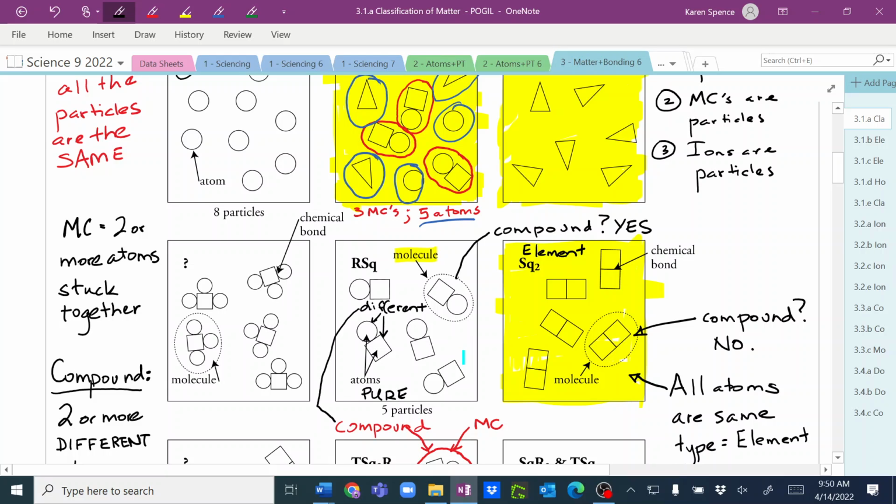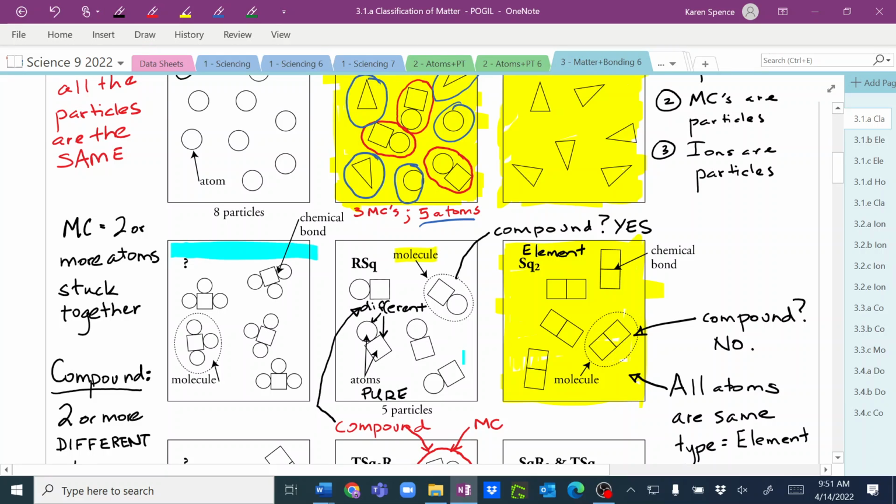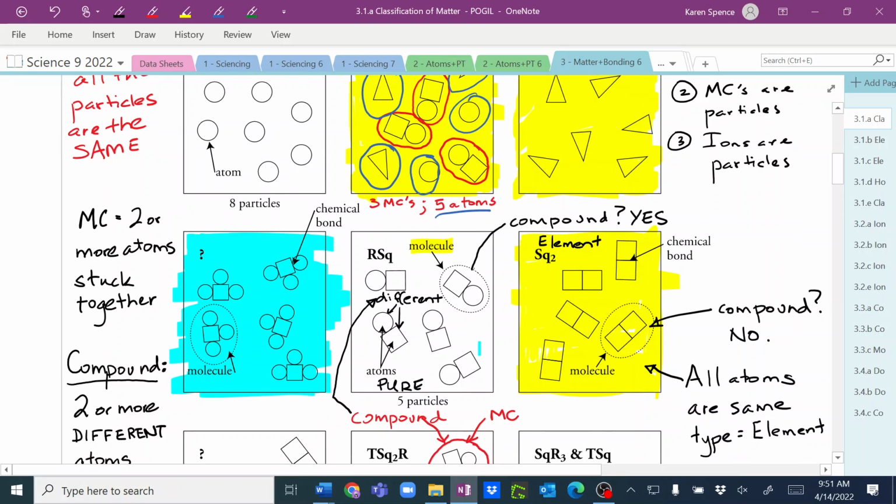And since they are different, that means it's a compound. Now, how about this one that I'm going to color blue right here? Tell your partner as many things as you can about that using all of the words. So you're going to use the word molecule, atom, compound, pure, mixture, any of those things.